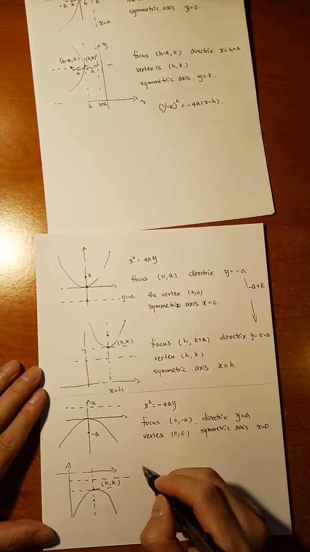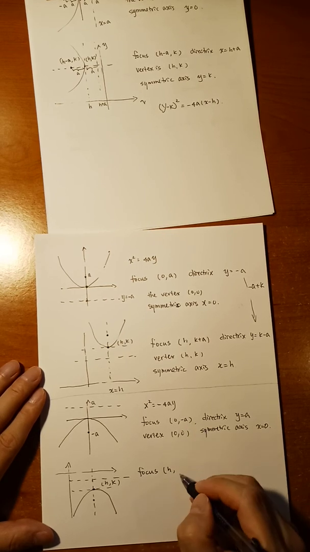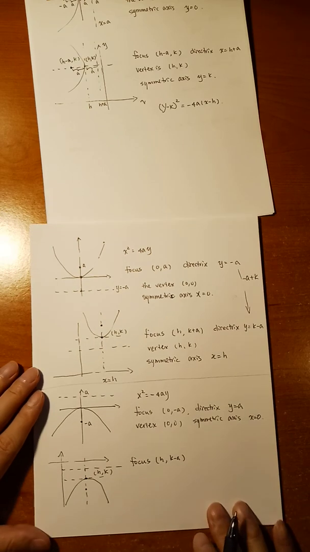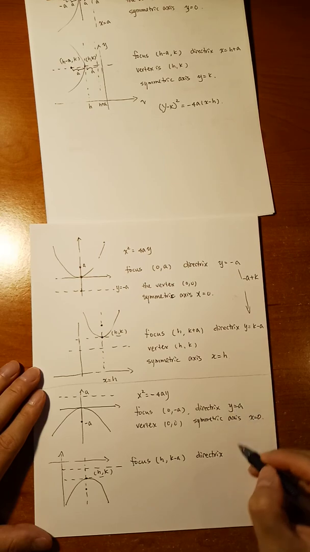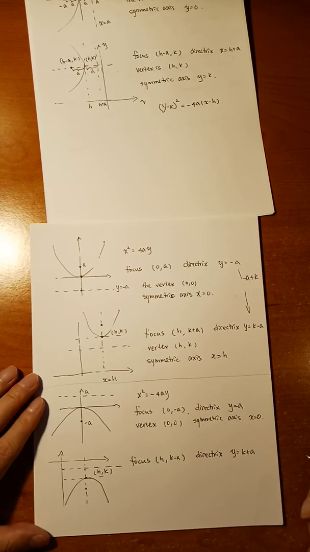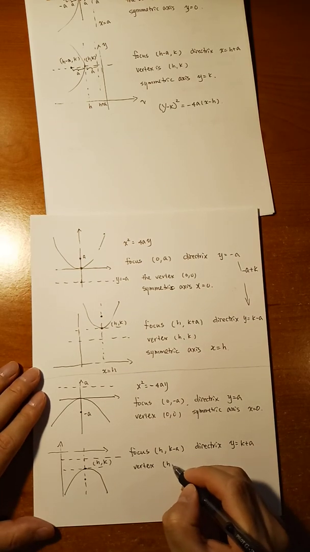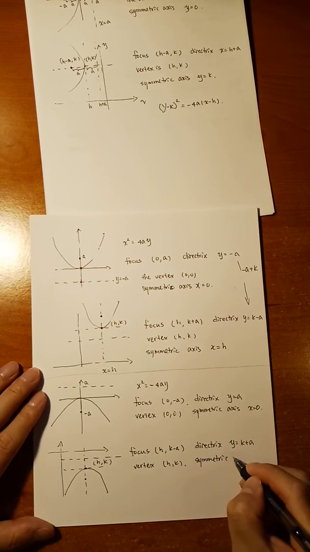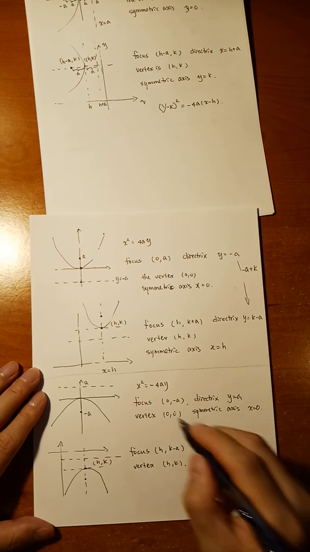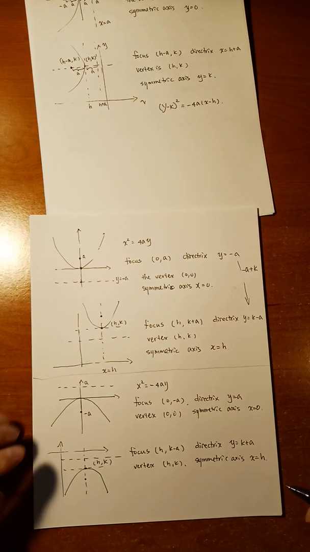The focus, remember how we get the focus. 0 plus h, negative a plus k. And directrix, y is related to k, so a plus k, k plus a. y is k plus a, and the vertex is (h, k), and the symmetric axis is x add h, so x is 0 plus h is h.